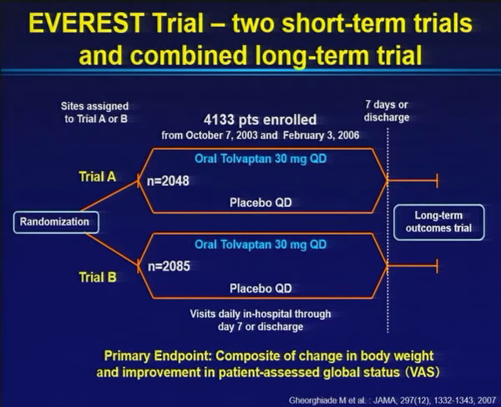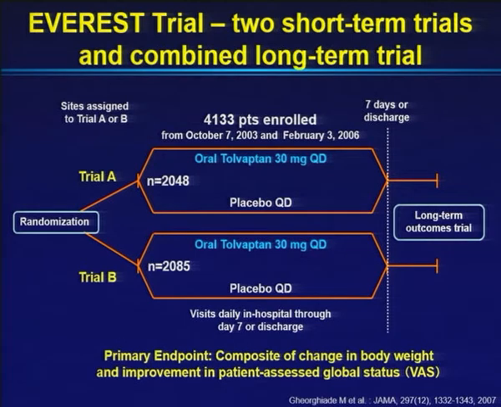And this trial B is a different population, with the same protocol, to check the difference or the equality of these trials. After that, following up, combined with a long-term outcome trial. So this short trial is only 7 days.